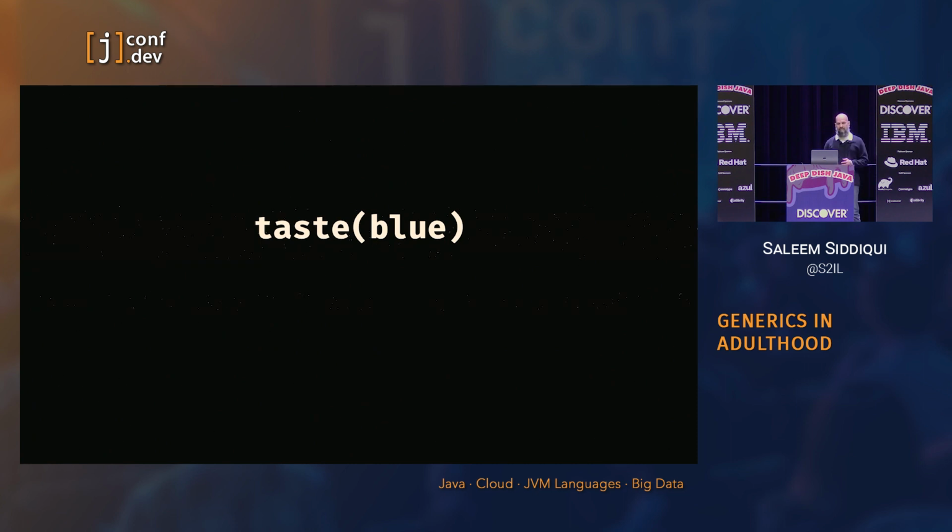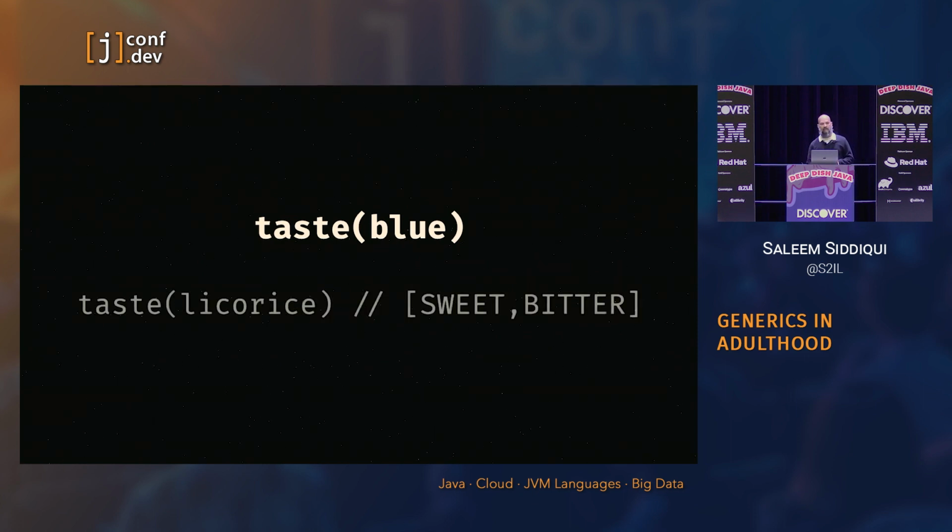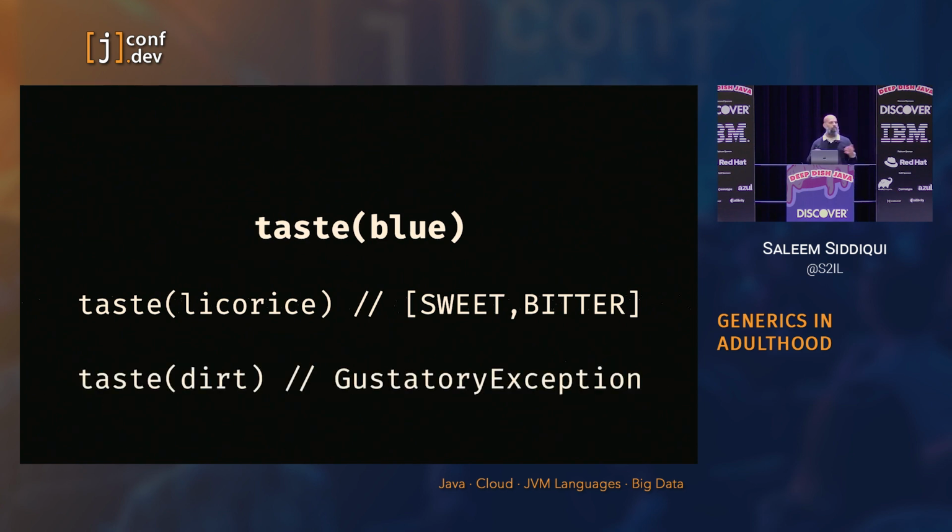Now this is evidently or superficially unanswerable, as in unevaluatable, compared with if you ask the taste of licorice, you could return an array containing the taste. Even if you ask for the taste of dirt, you could throw the appropriate exception that, hey, there may be a taste associated with that, but I'm going to throw an exception. It makes sense, but it doesn't make any sense to ask the taste of a color.